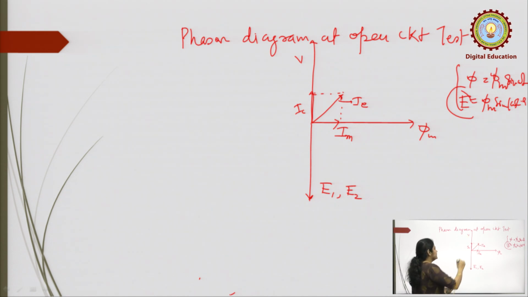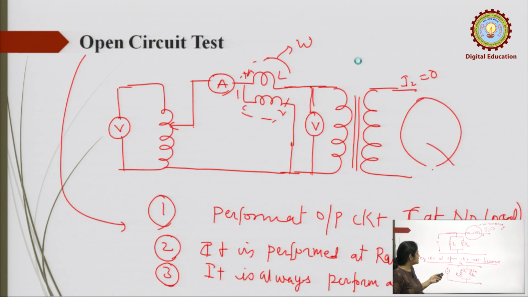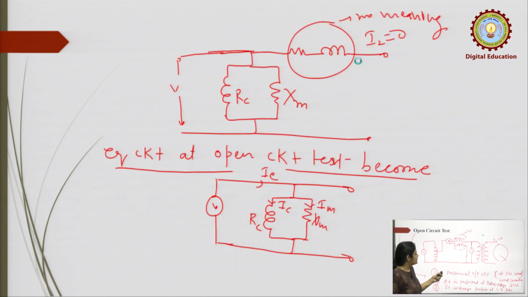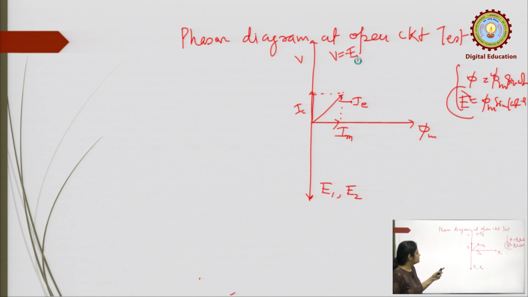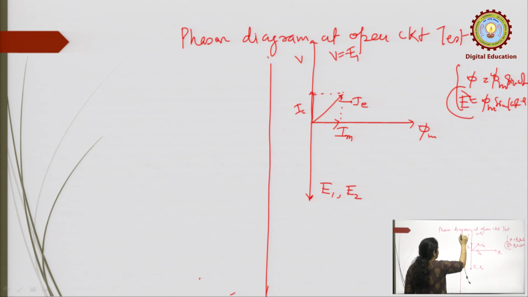And this voltage is always equal and opposite to this induced EMF, because it must satisfy KVL. So, this is the phasor diagram of the open circuit test. So, V is equal to minus E1, and IE is equal to Ic plus Im.